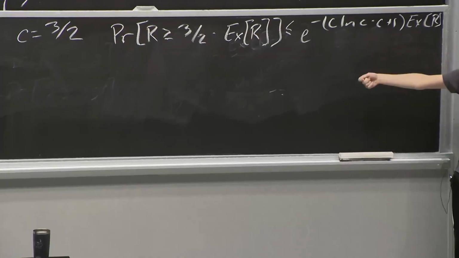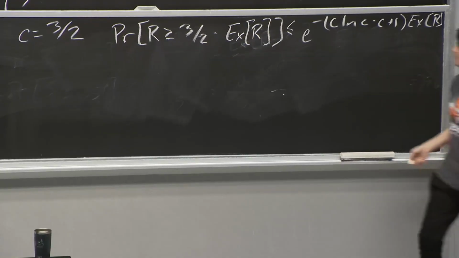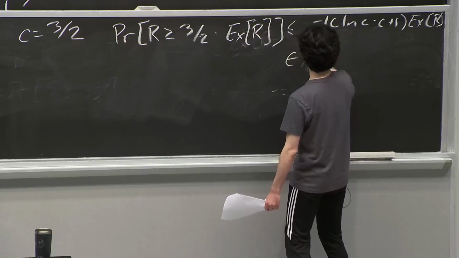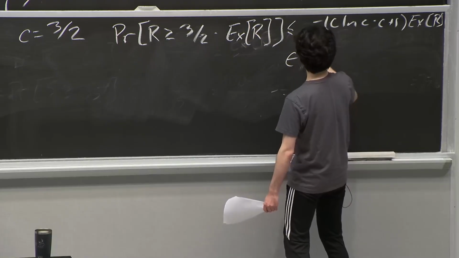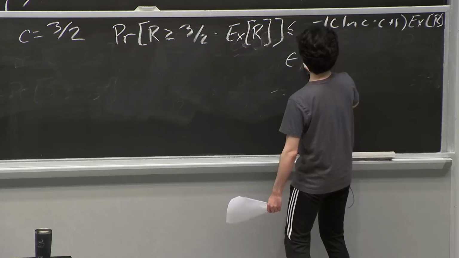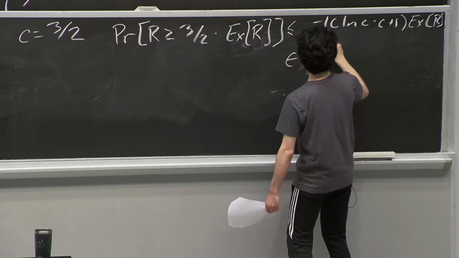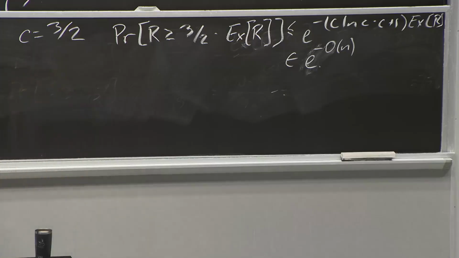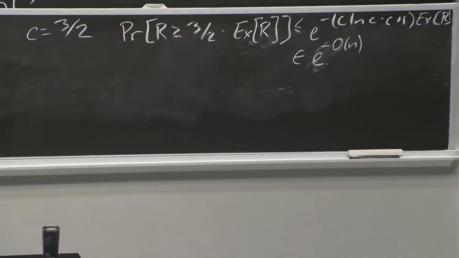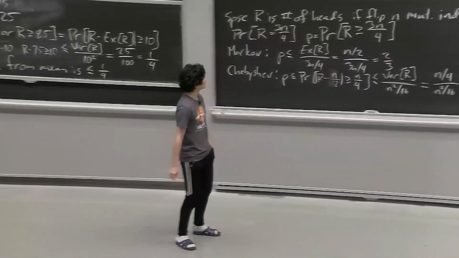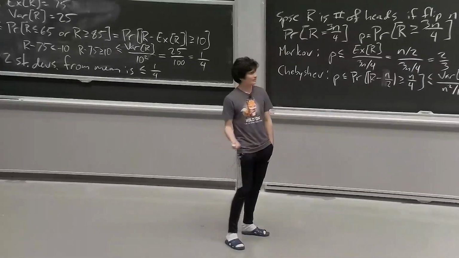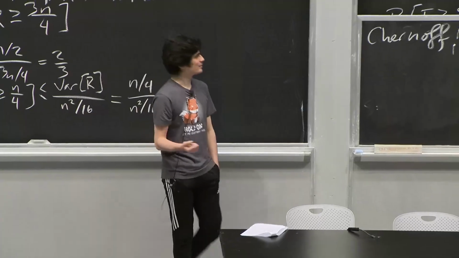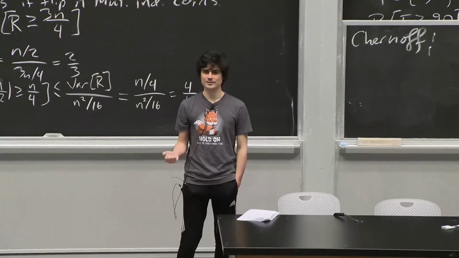So we've got something that's inverse exponential in n: e to the minus order n. So Markov gave us a really bad bound. Chebyshev, linear, pretty reasonable. Chernoff gives us exponential.